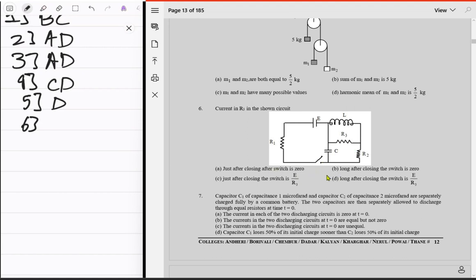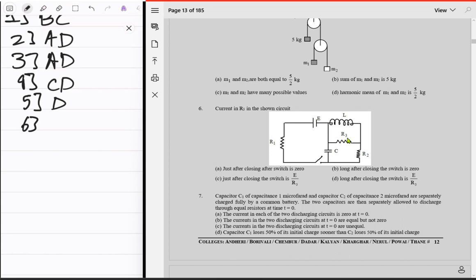Yes. Okay, now long after closing the switch, right? The capacitor is now not carrying anything. It has become a wire. So it's just this thing. It's E upon R1 plus R2, it seems. Yes, so E upon R1 plus R2, which is still not there for some reason. Okay, wait, we need it in R3 for sure.